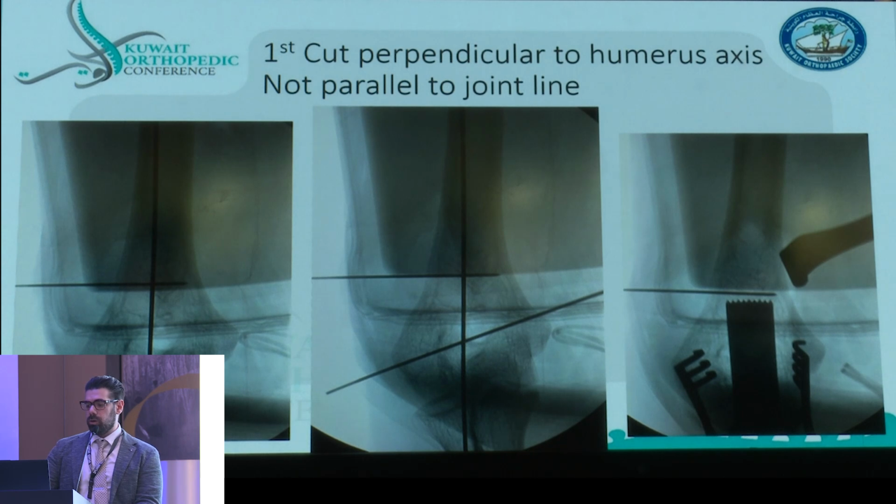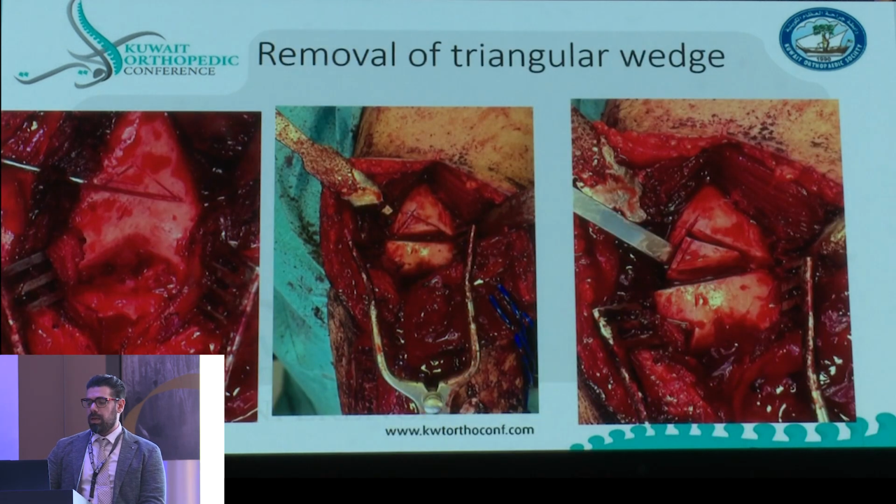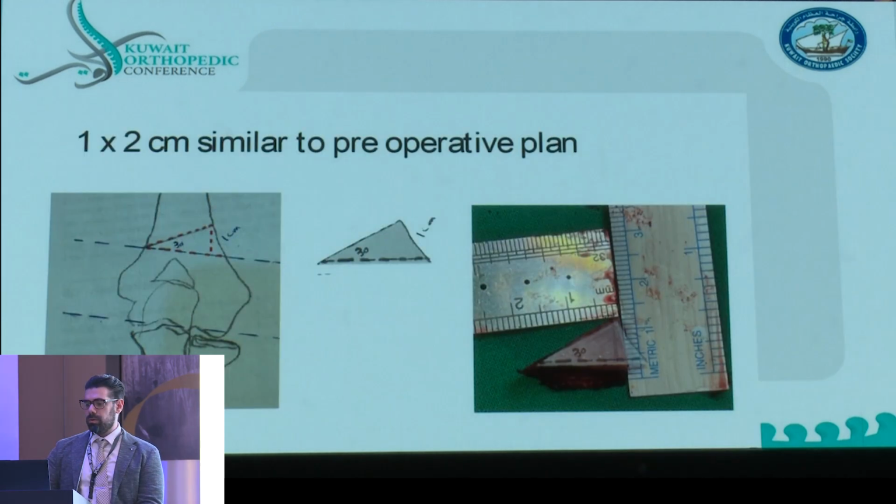So you can see the saw here on the far right is parallel to this wire. And then you use a very small handheld oscillating saw to execute your plan, and you remove the exact amount of triangle that you prepared in pre-op, which, if you see, this is the amount on paper, and it matched exactly in dimension the amount of resected bone.